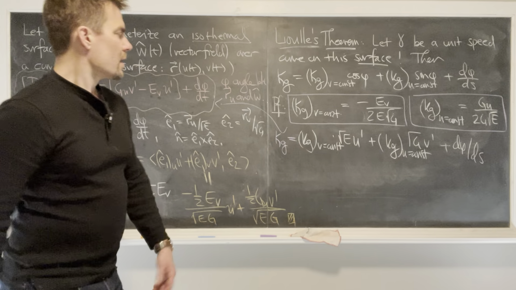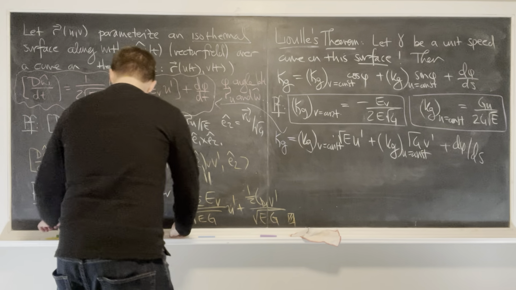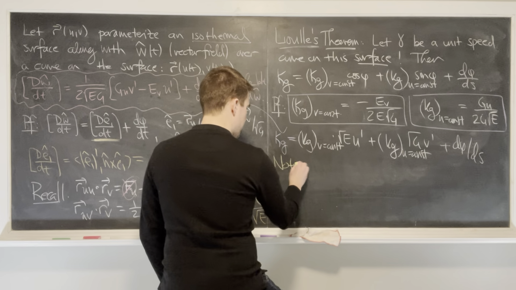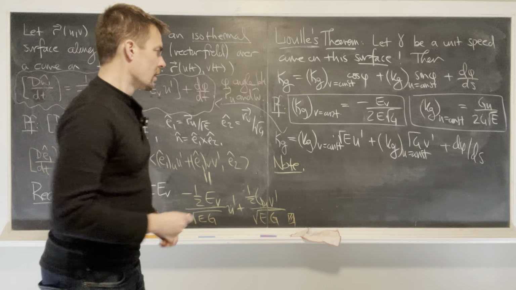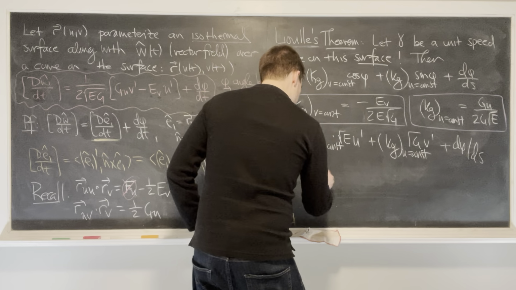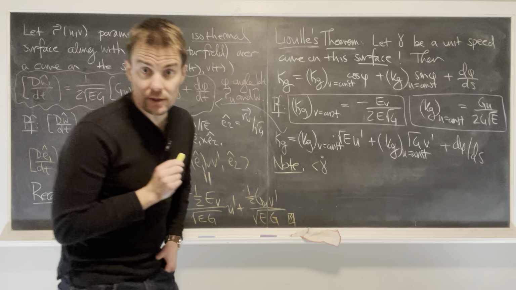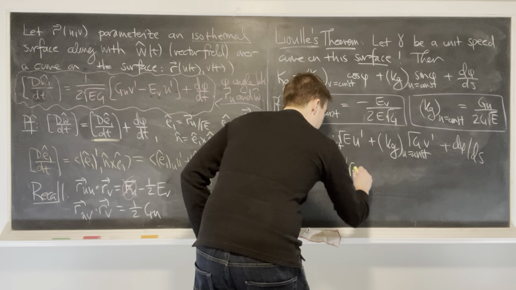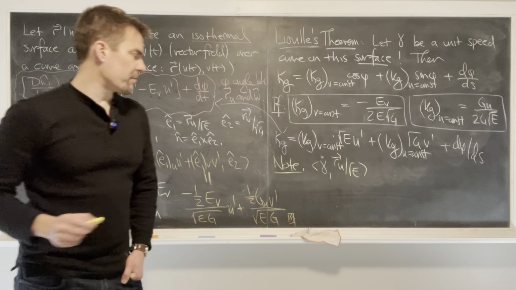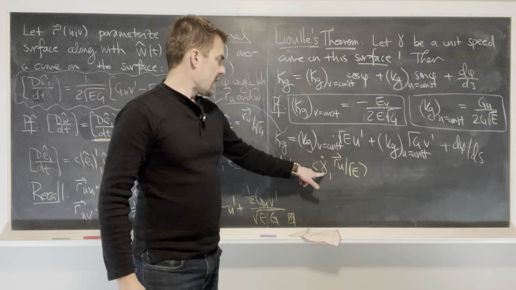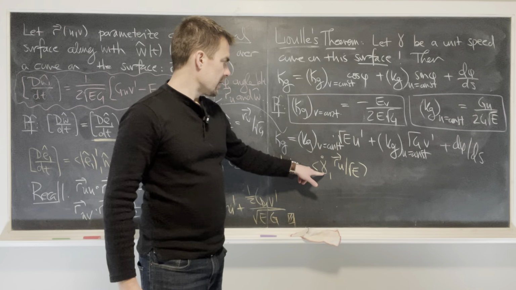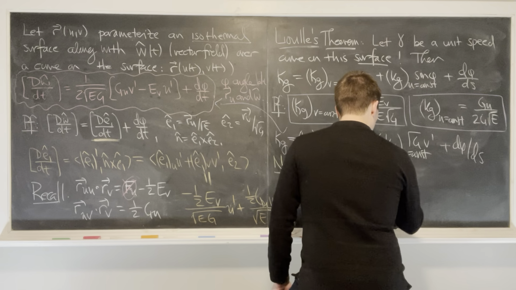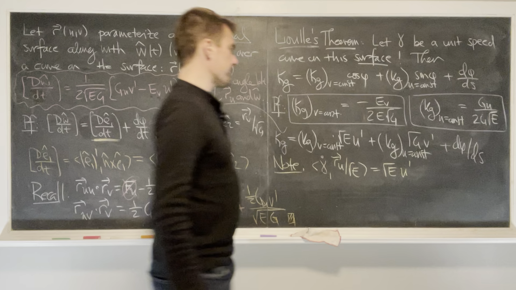Beautiful. Okay. Now, here's the note. The note now is that if I look at the inner product of gamma dot, that's a unit vector, with this unit vector over here, R_u over root E, what will that give me? Well, that's going to be R_u u dot, so that R_u is going to be an E, so E over root E is square root of E, so this is going to be a square root of E u prime.